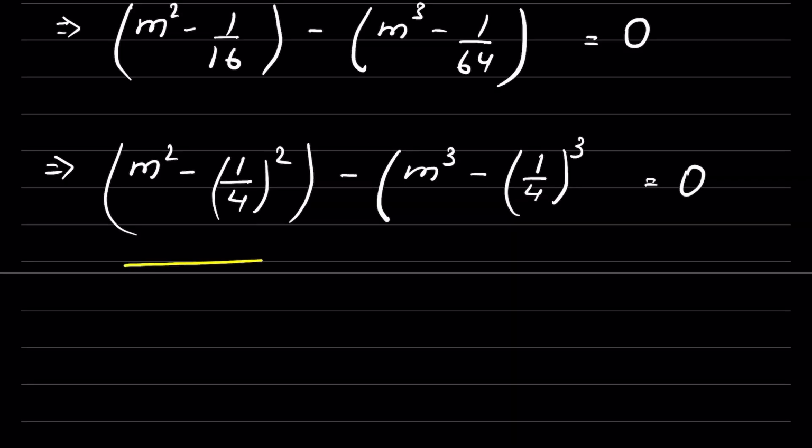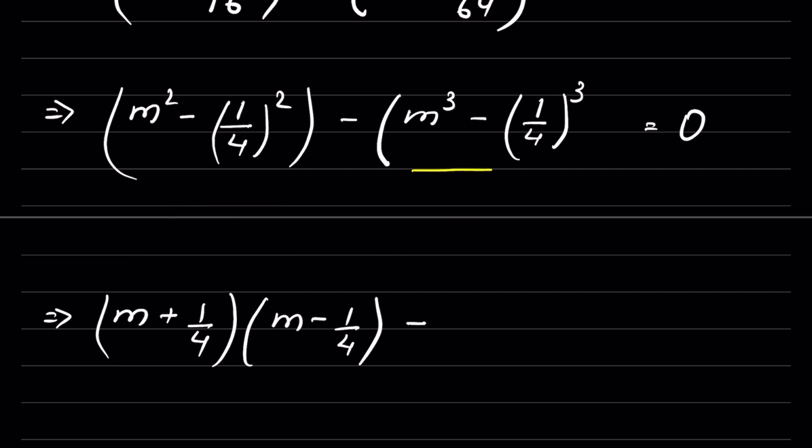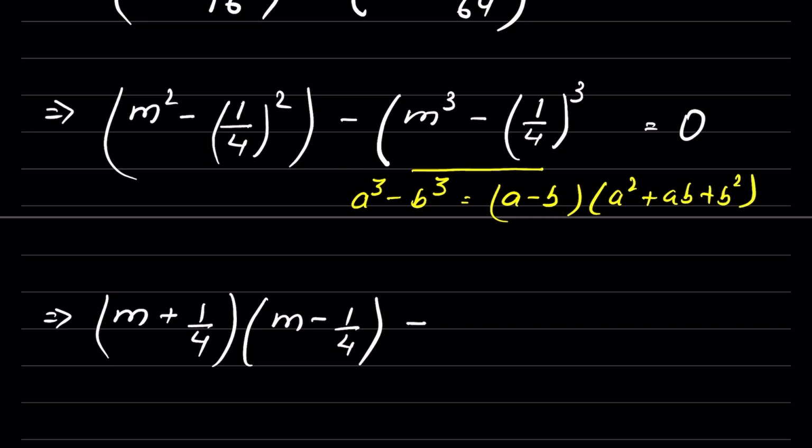Now this is in the form of difference of squares, a square minus b square, and this we can expand as a plus b times a minus b. So this will be m plus 1 upon 4 times m minus 1 upon 4, then minus, this is in the form of a cube minus b cube, and this we can expand as a minus b times a square plus ab plus b square.